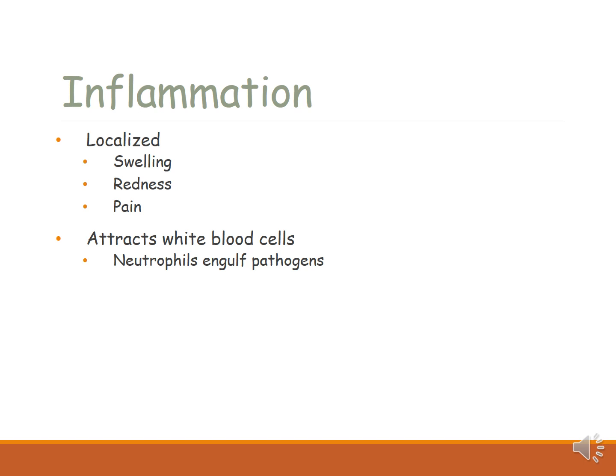It attracts white blood cells, and neutrophils also engulf pathogens. Neutrophils are usually the first white blood cell to arrive. However, unlike macrophages, they do die after use. And that's how pus is formed. Sorry to be gross.